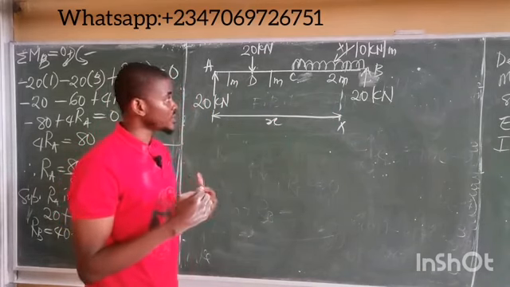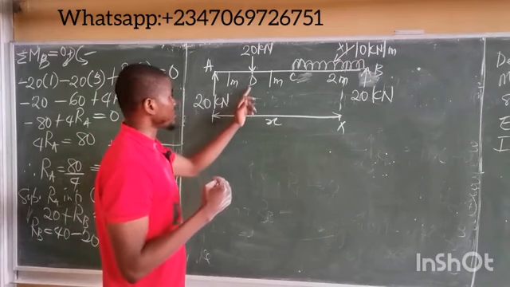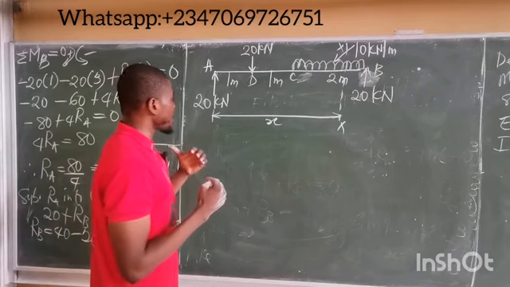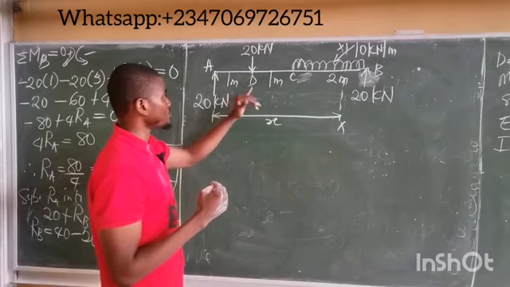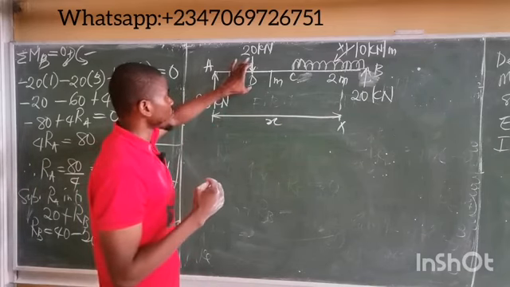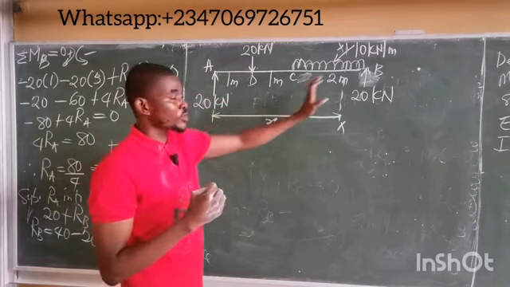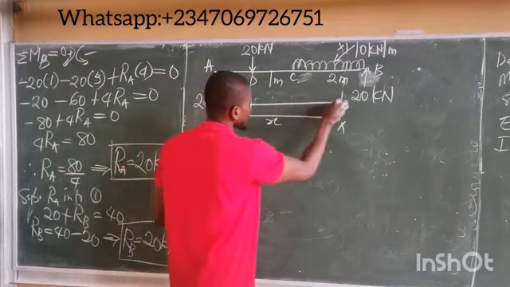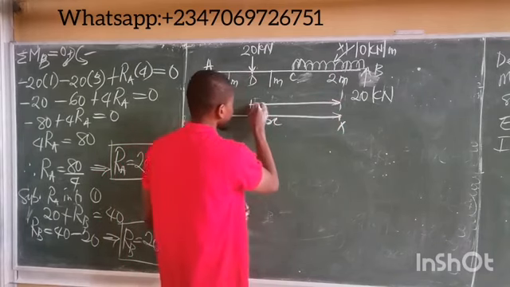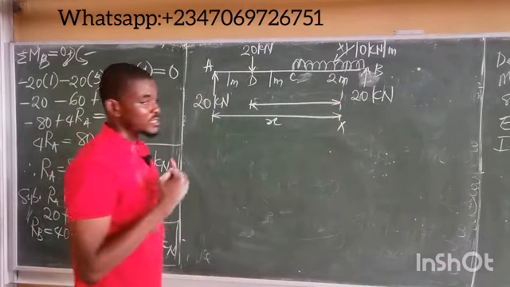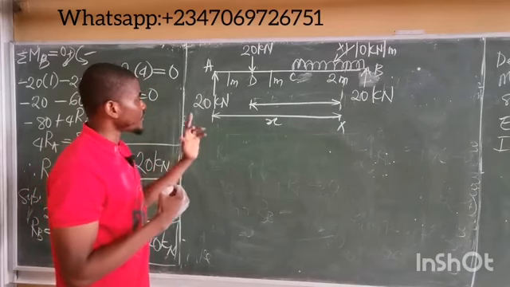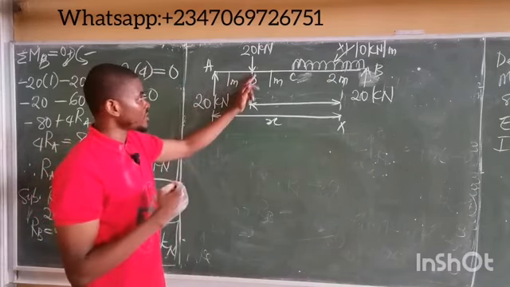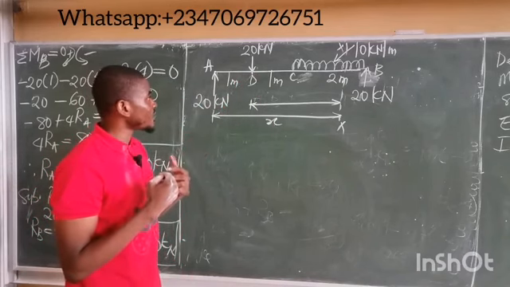All right, so I said at this point, what now is the distance of each of the points about the point of section? Now, to find the distance of point D about the point of section, we simply take away the distance we don't need. Since we are now at point D, we want to find the distance of this force, 20 kilonewtons, about the point of section. That is simply from this point to XX, which is the point of section. We need to obtain this distance. So I said, if from point A to the point of section is X meters, now I am at point D, which means I no longer need what?